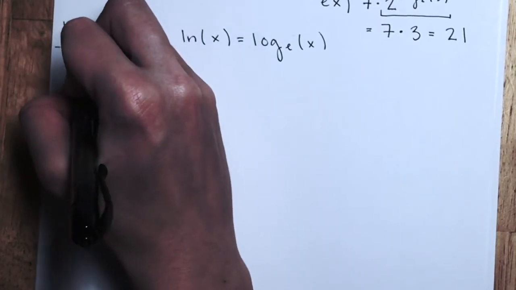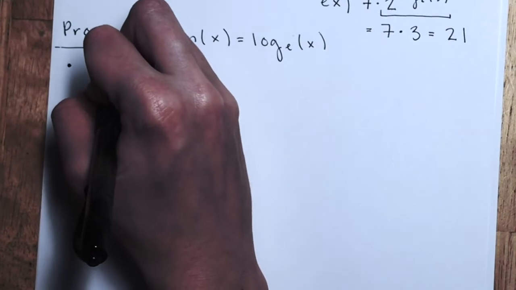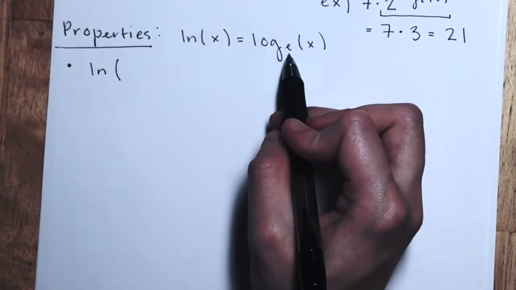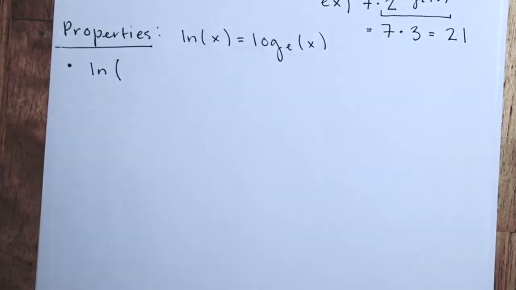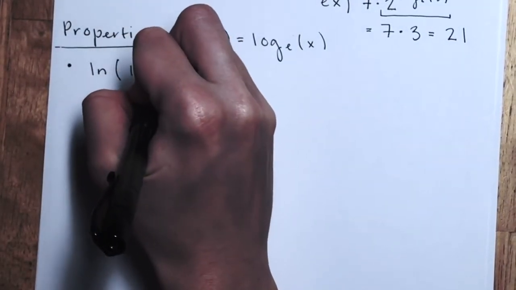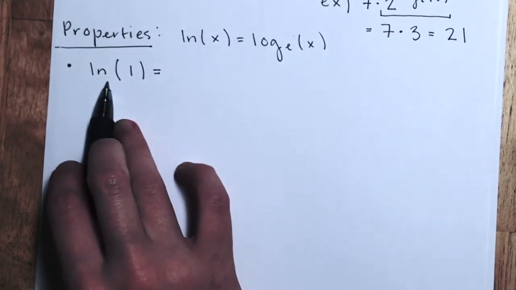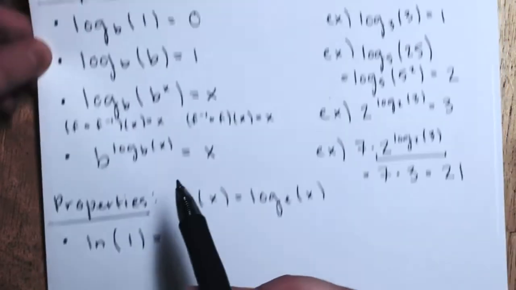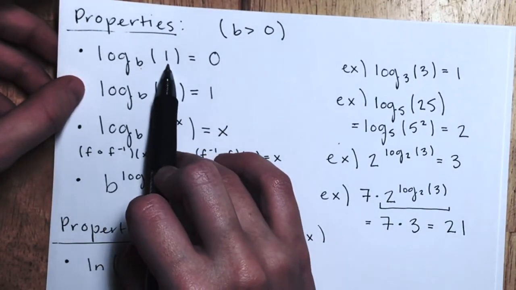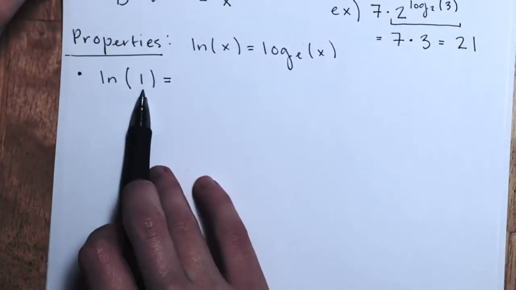So the first one, instead of log base b, we're using log base e for sure, so we can just write ln. We're just talking about ln. So same thing, right? If log base b, for whatever we're talking about, of 1 is 0, then ln is included in that.